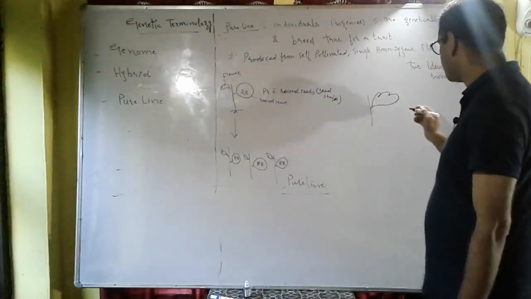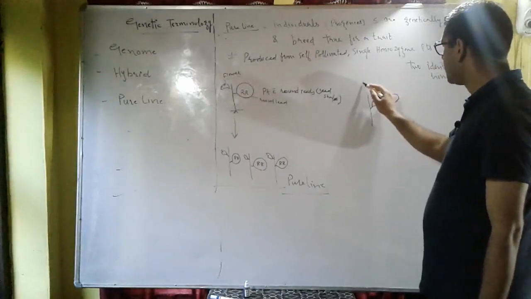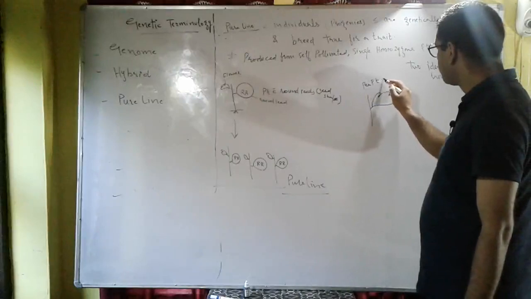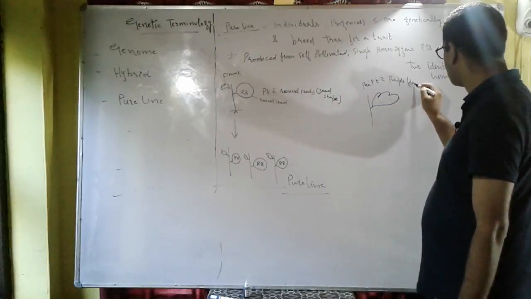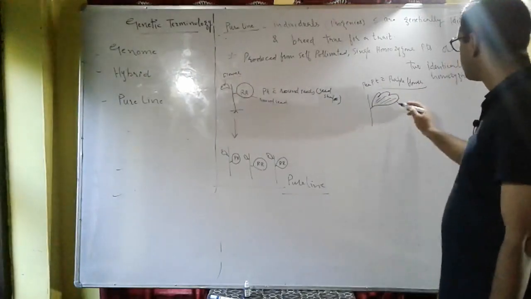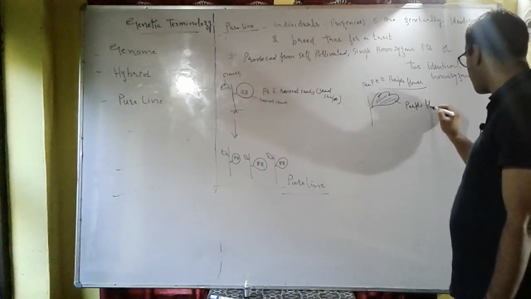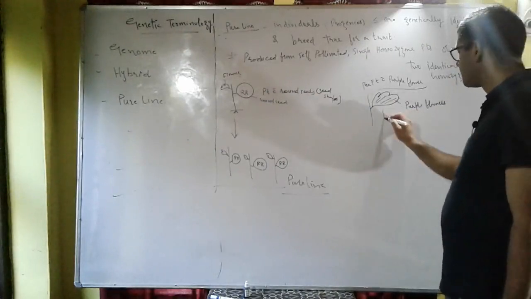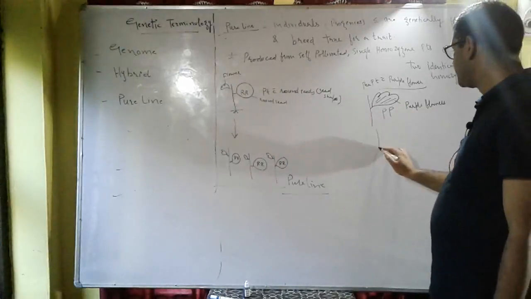Or we can say that we have this pea plant with purple flowers. We'll go for self-pollination in it.